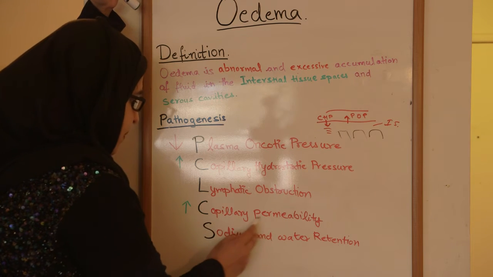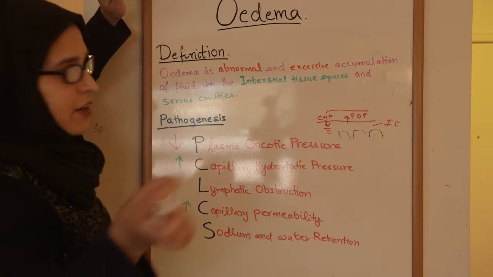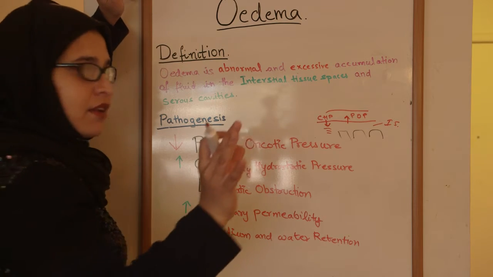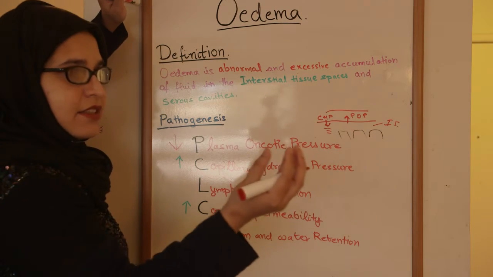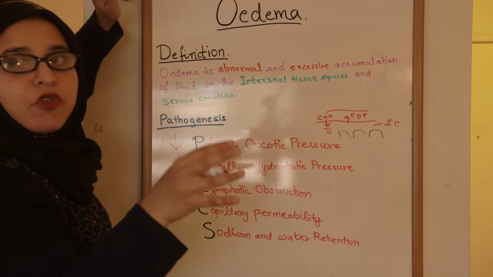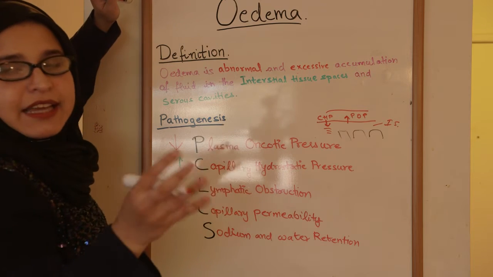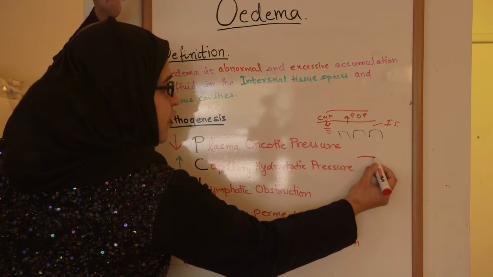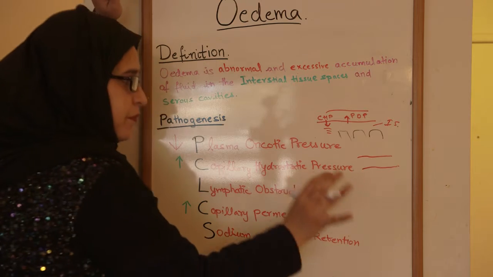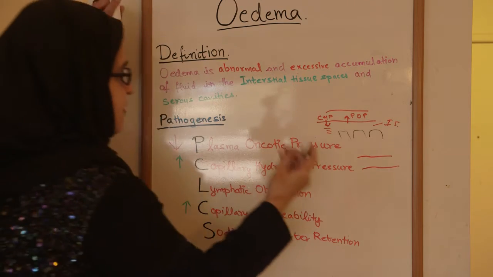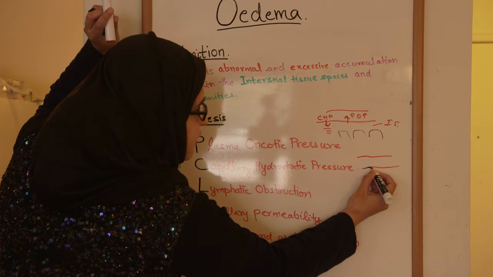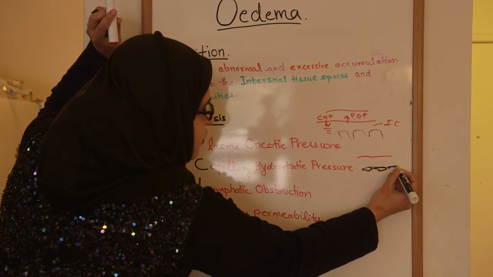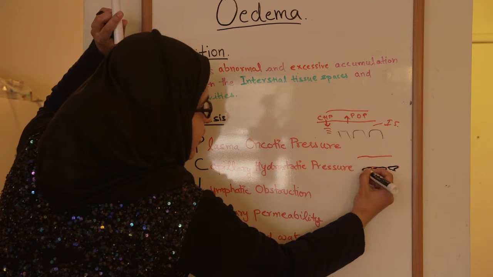Now, an increase in capillary permeability. What is capillary permeability? See, the capillaries are permeable to a little extent, so that they allow the movement of ions, proteins and nutrients across the cell barriers. For example, this is the blood vessel. The blood vessels have cells, the endothelial cells. Just imagine these are the cells of the blood vessels.